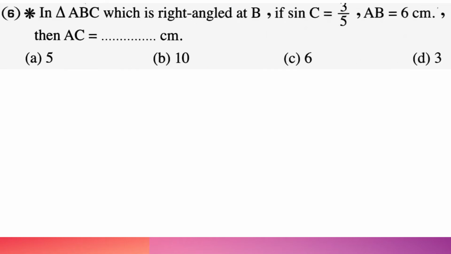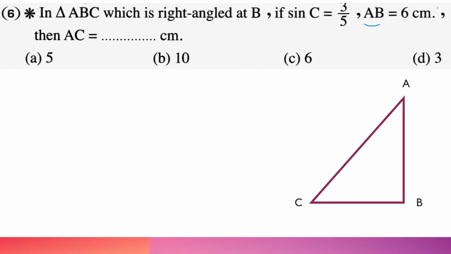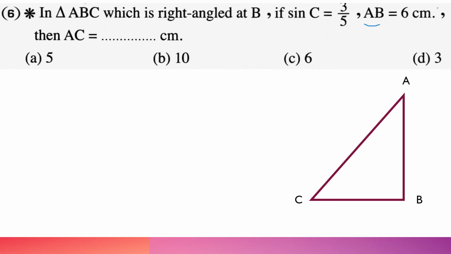In triangle ABC, which is right angled at B, if sine C is 3 over 5 and the real length of AB is 6 centimeter, find the real length of AC. Let's draw this triangle. I have here triangle ABC right angled at B, and he gave me that sine C is 3 over 5. Let's put the ratios. I have AB 3 to AC 5.